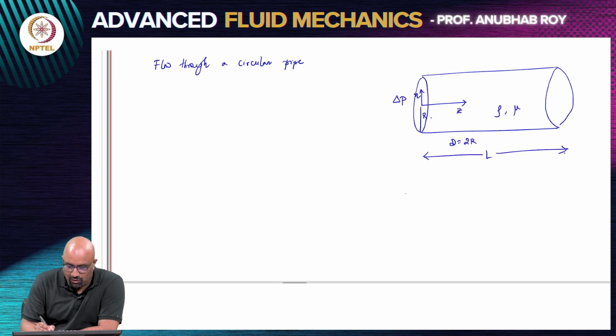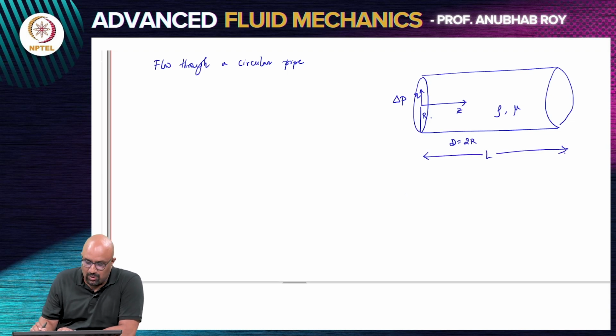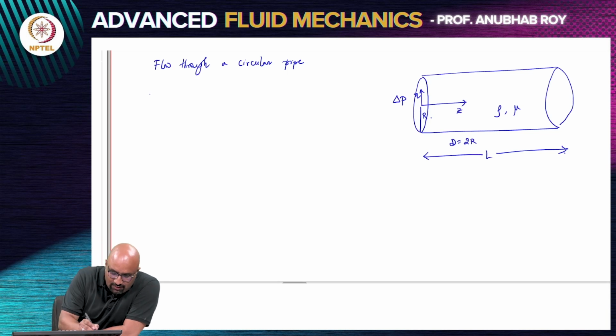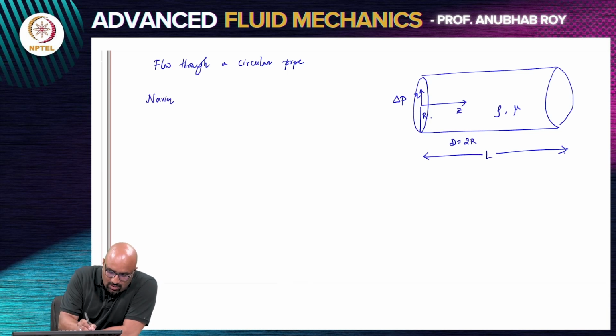So before we set out solving this problem, we need to understand that now we have to look at a Navier-Stokes equation not in Cartesian coordinate system, but rather in cylindrical coordinate system.